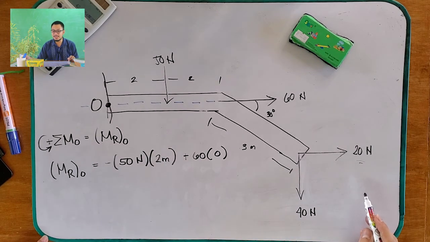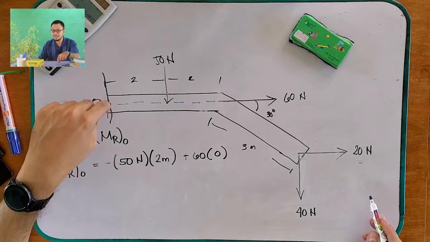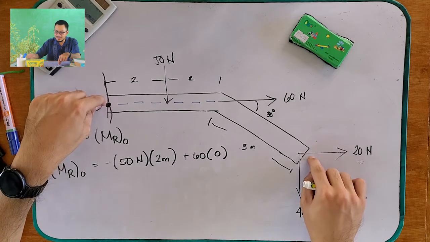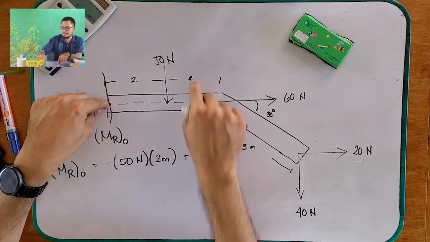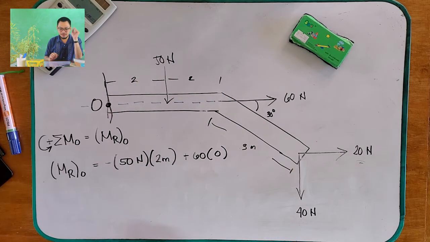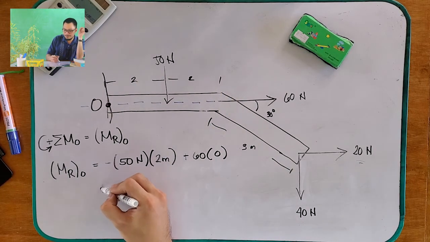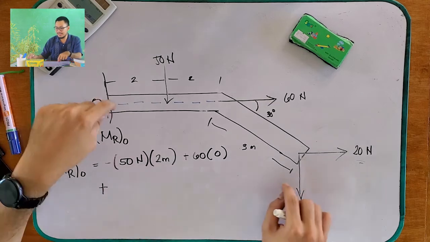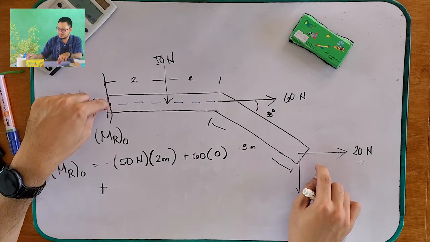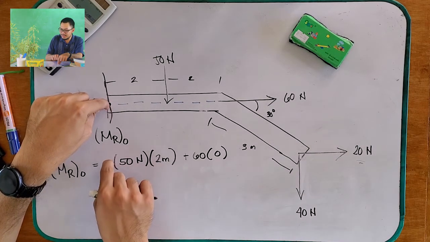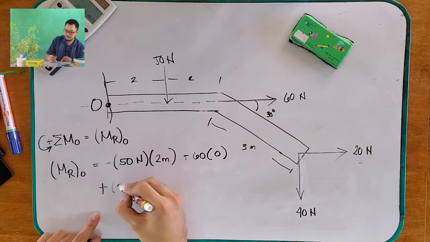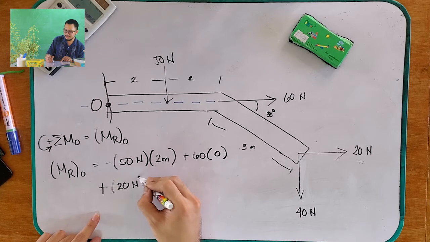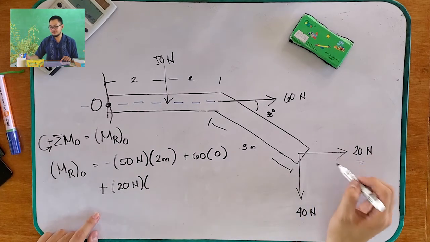How about this one? Is it positive or negative? Unsa man ni siya nga direction? Sige, ato daw ibutang ang 20 derive para perpendicular distance. And padung siya didto. Then it creates a counterclockwise, therefore, plus. Again, take note, this is counterclockwise because it goes this way. So, plus 20 newtons times, okay.